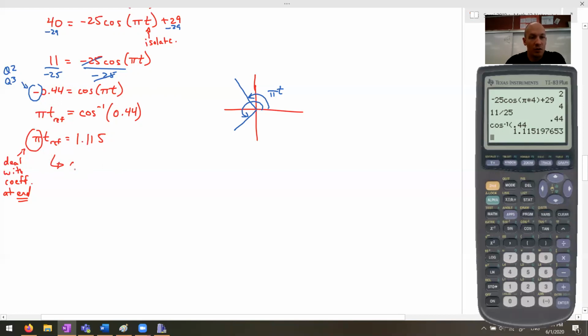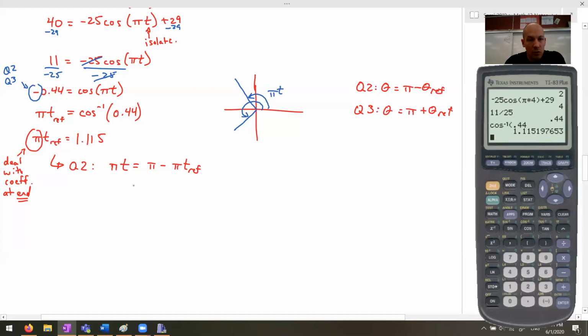So in quadrant 2, pi t, the actual answer, is going to be, remember, pi minus the reference angle. Remember the general idea: in quadrant 2, theta equals pi minus theta reference, and in quadrant 3, theta equals pi plus theta reference.